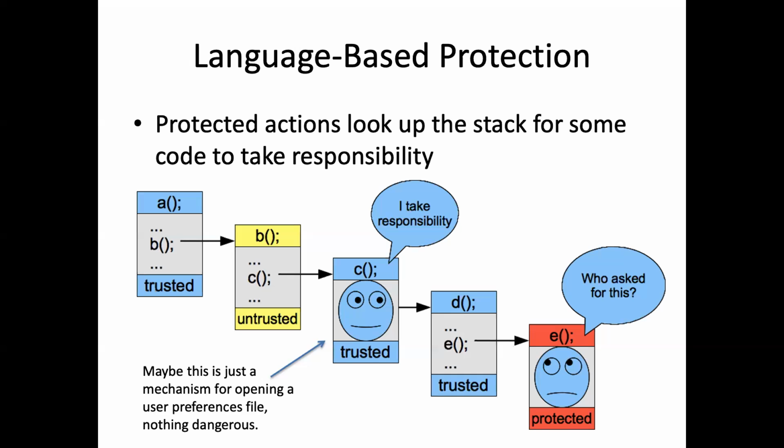They're not accessing files that could potentially give away information that should be secure. Java provides a mechanism that lets trusted code take responsibility for potentially protected method calls.